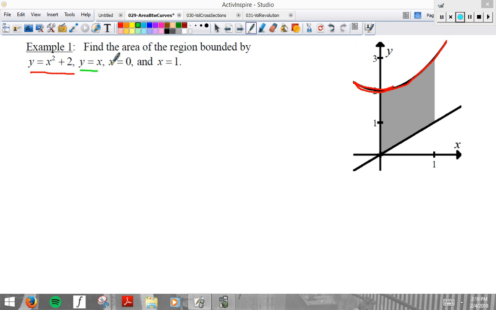The line y equals x, which looks like this. Just a nice line like that. And we're starting this region from x equals 0, and we're going to stop at x equals 1. So as you can see, my gray area is bounded by those 4 graphs.